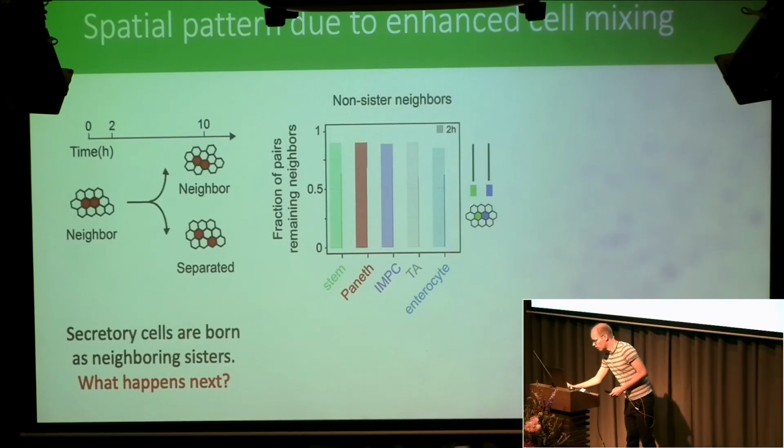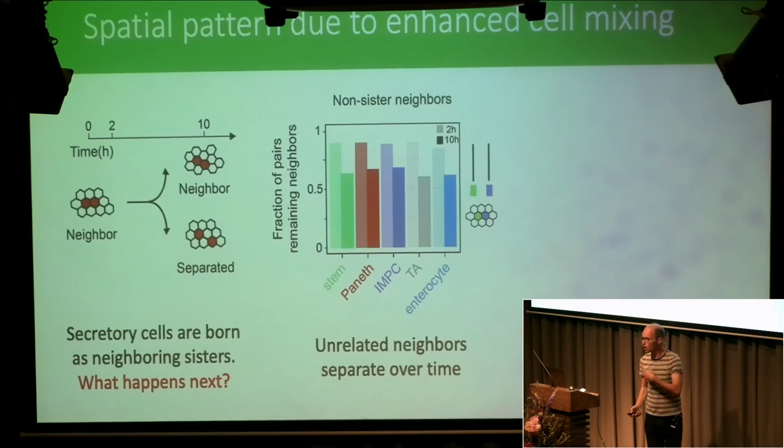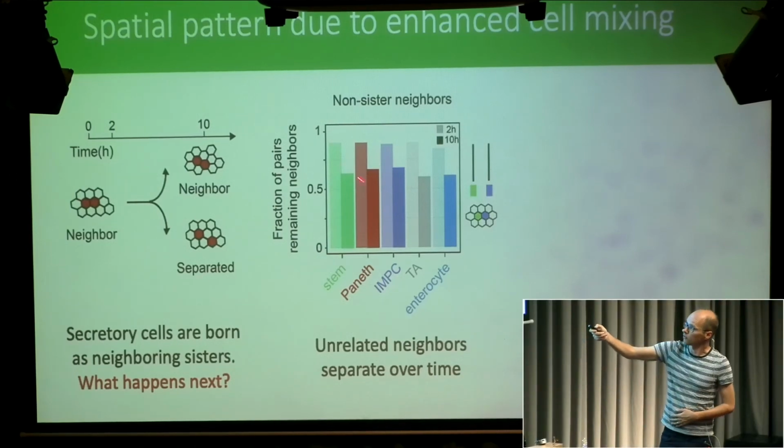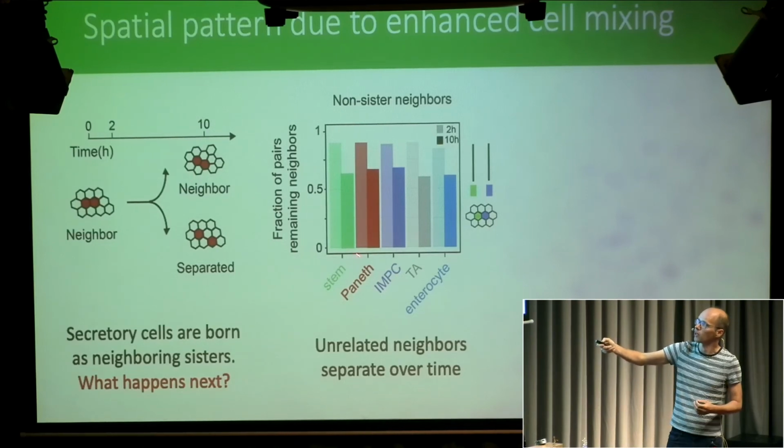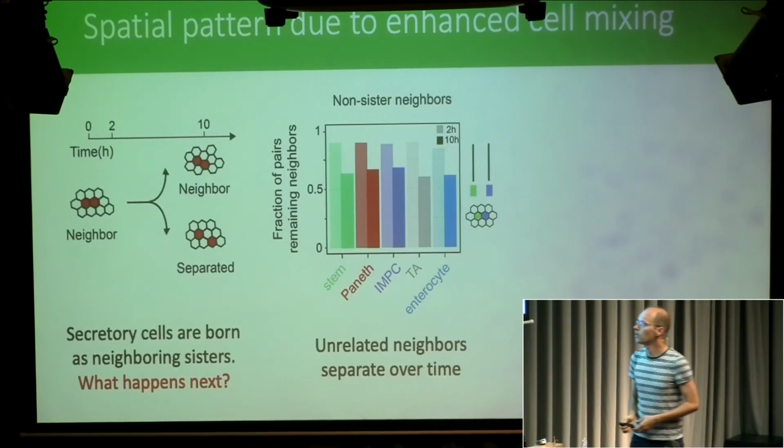And if you wait for longer, for 10 hours, you see that it has gone down further, but it's still relatively high. And it happens regardless of the type of cell. So it doesn't really seem to depend a lot on the cell type.